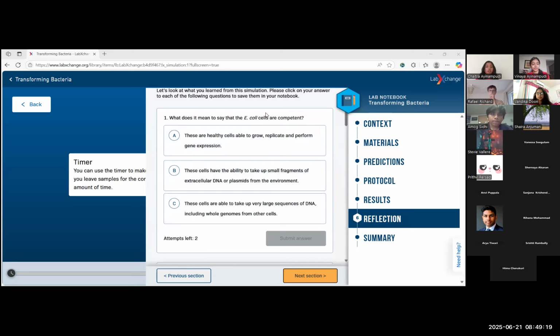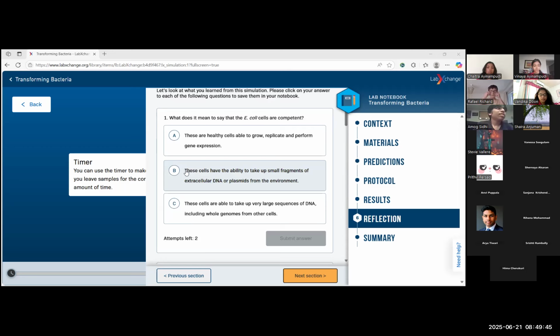So E. coli cells are competent, and we're going to see what that means. So it's either: are these cells healthy and able to replicate, and are there small fragments of extracellular DNA, or are these cells able to take up large sequences of DNA.